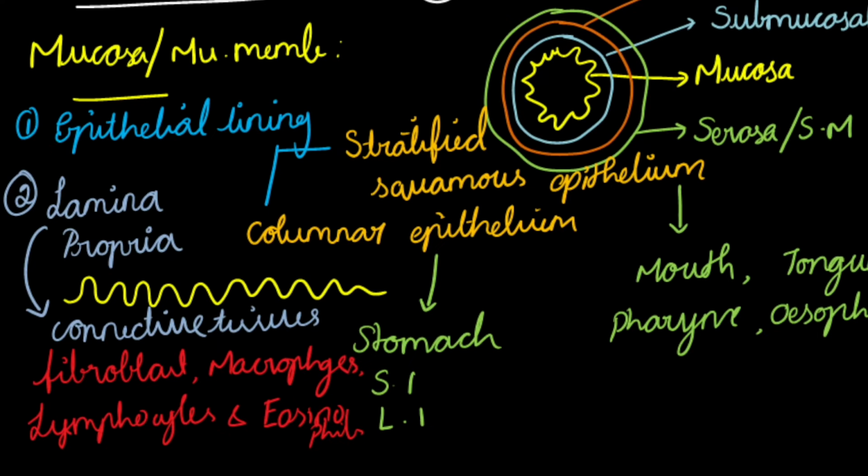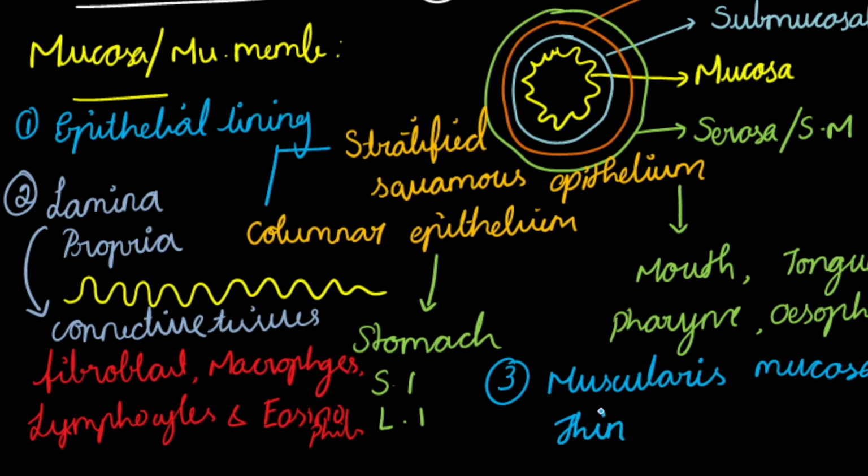And then comes the third lining of mucous membrane, that is Muscularis Mucosa. So this Muscularis Mucosa is very thin and it is made of smooth muscle. And it is absent in mouth and pharynx.